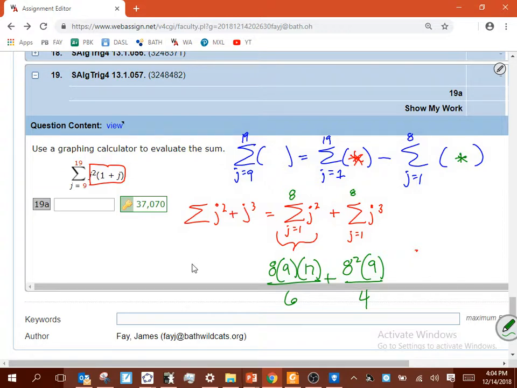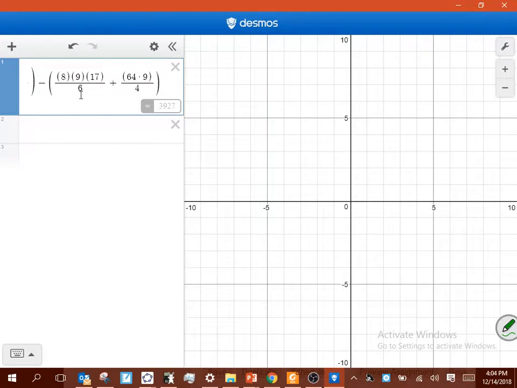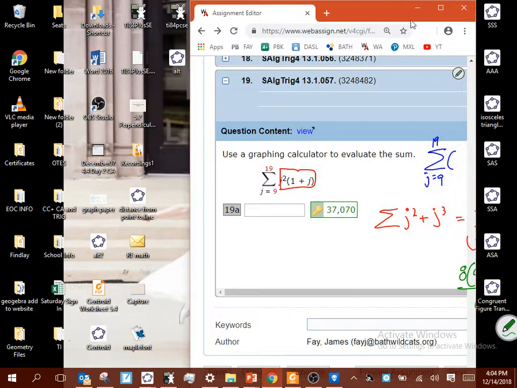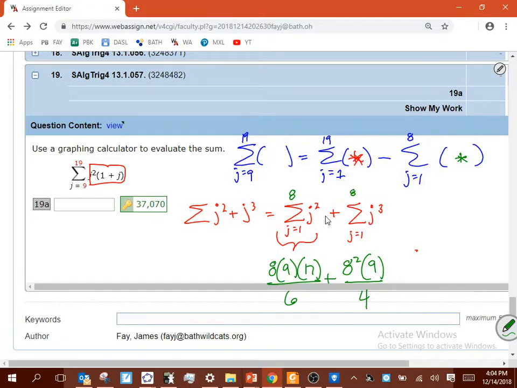No. So let's see here. What did I do wrong? I got parentheses in the wrong spot, something like that. j squared plus j cubed.